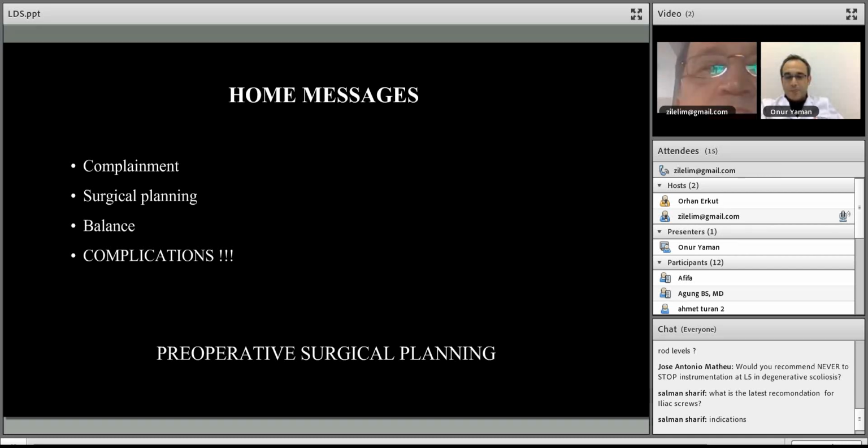So some of our colleagues say that you have to keep the iliac screws as a rescue surgery. You may have some problems during the surgery, so try not to insert the iliac screws at the beginning. Keep them for the second surgeries.